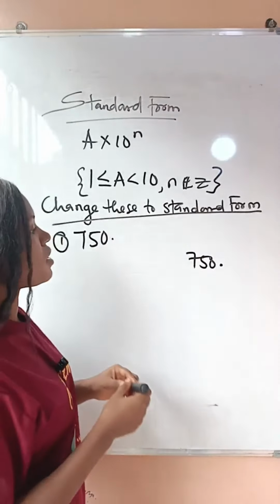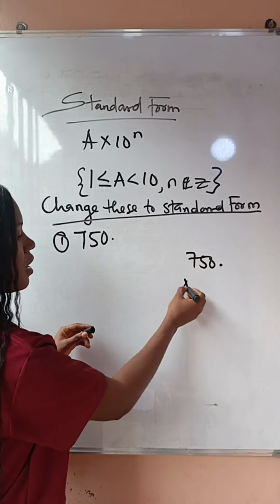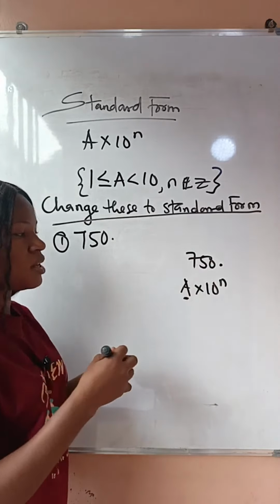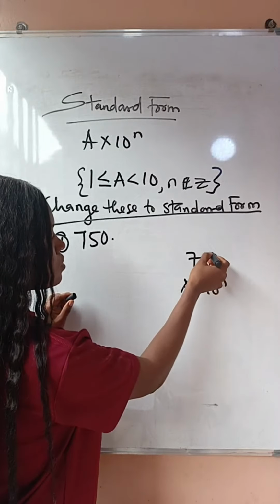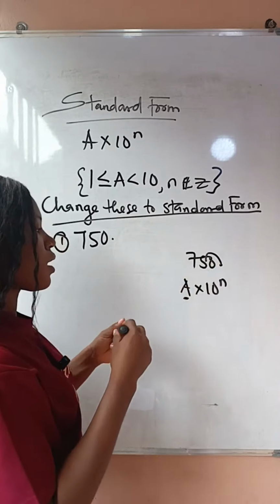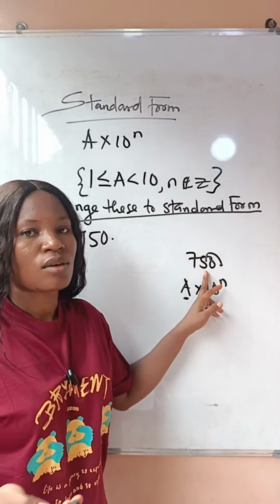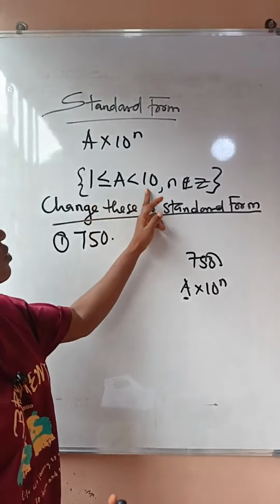It simply means that I need to shift this decimal point to get my A. A times 10 to the power of n, and my A must be less than 10. So if I shift the decimal point to this place, I still have 75.0. And you can see that 75 is more than 10. It cannot qualify for our A according to this range.